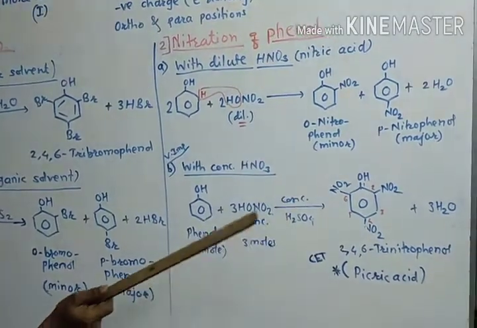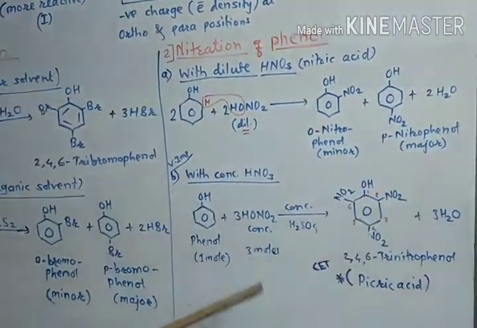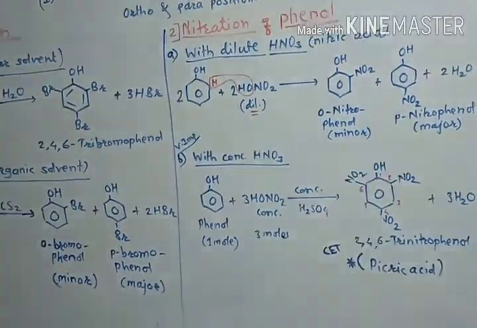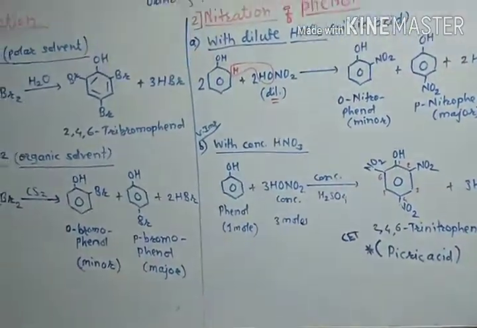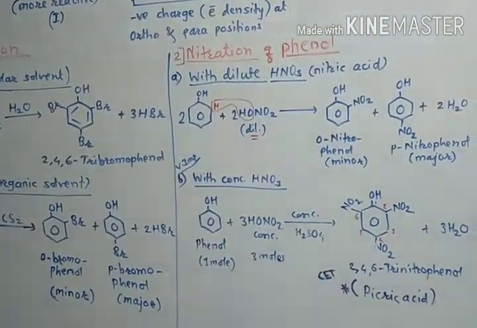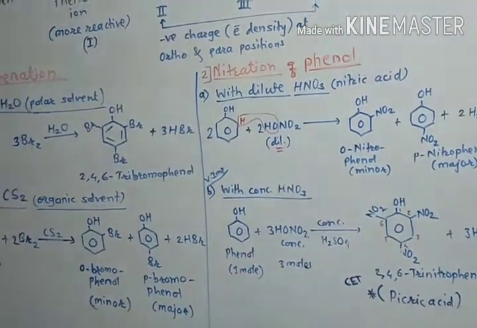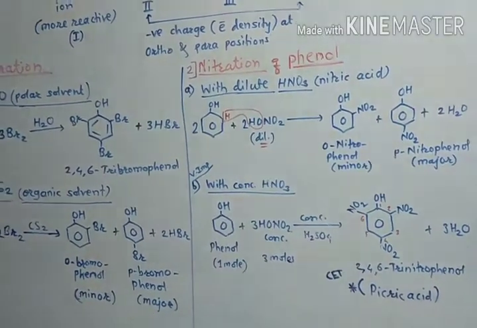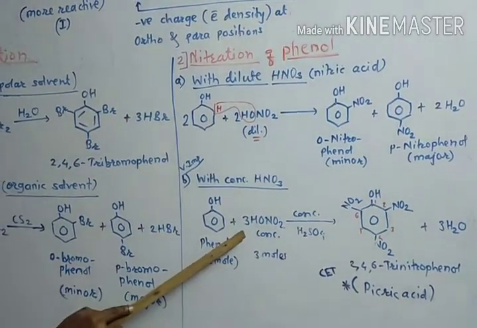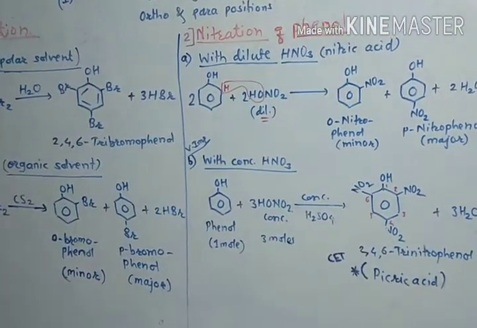The second position, fourth position and sixth position, 3 nitro groups are added. So 2,4,6-trinitrophenol is formed. That compound is also called picric acid, which is used as a tear gas. Now one thing is there, 1 mole of phenol is used, but 3 moles of nitric acid are used to form the picric acid.